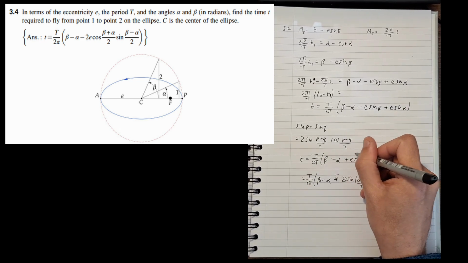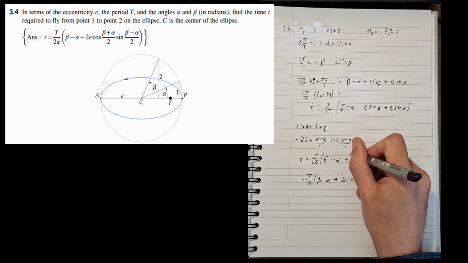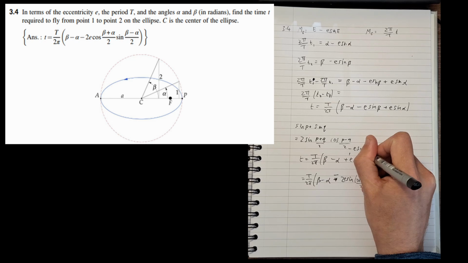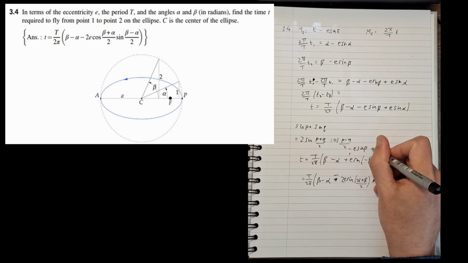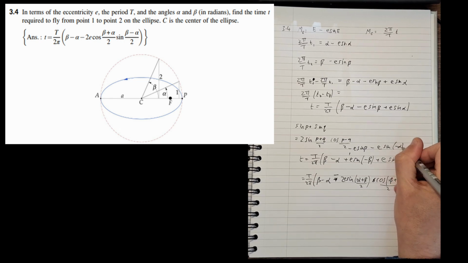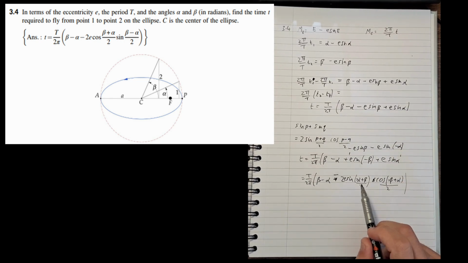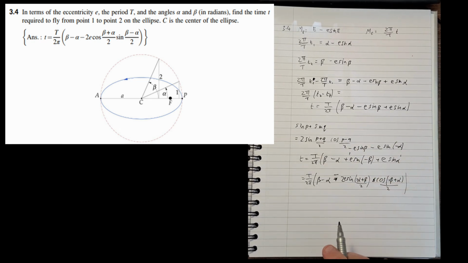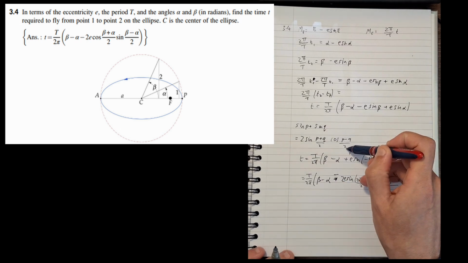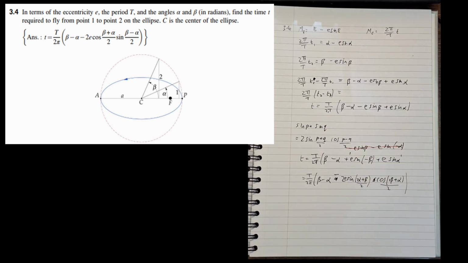Instead of doing that, we could have gone with minus E sine beta minus E sine minus alpha, and then you would see that you take out the minus 1, and that would become minus that, and that would become positive there. So that's fine. Don't need to worry about that. Yeah, that's the answer. That's it worked out.